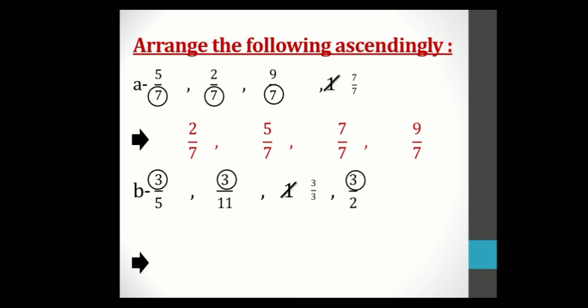But if I have equal numerators, the smallest denominator will be the biggest fraction. But I need to arrange this in ascending order. So I take the biggest denominator and write it first. The first fraction will be 3 over 11. And then 3 over 5. After that 3 over 3 and the last one will be 3 over 2.